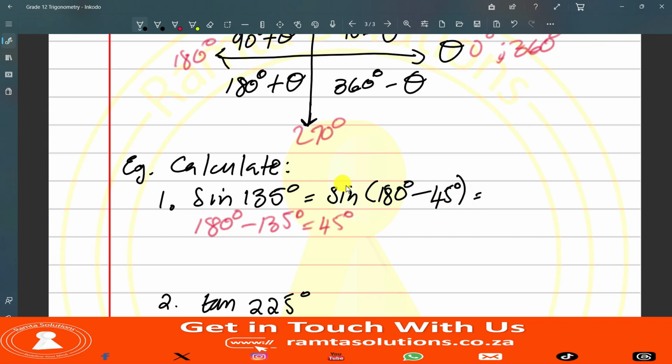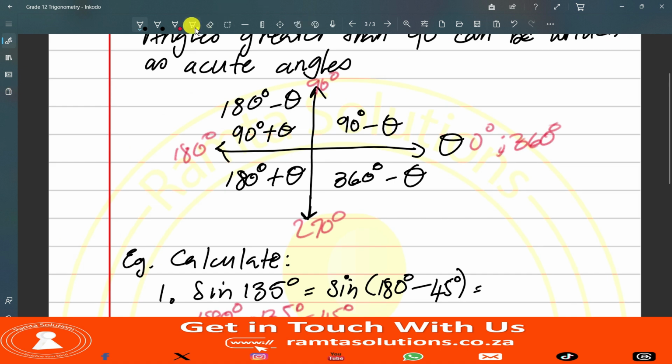Now, you then say, okay, sine in the 180 minus, is it positive or negative? 180 minus is the second quadrant. Now, as a reminder, we said all students take coffee.